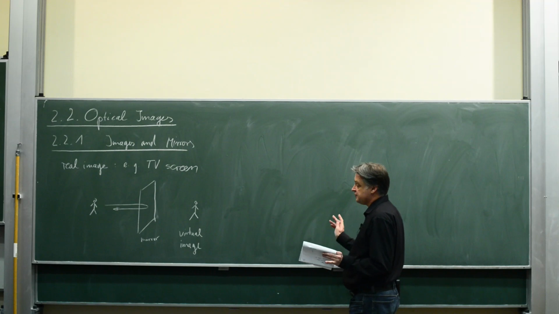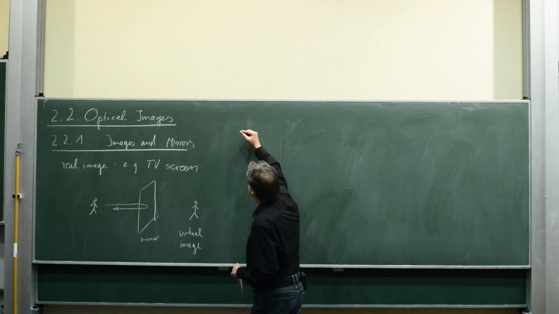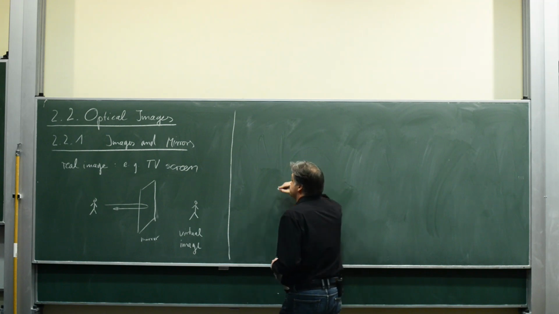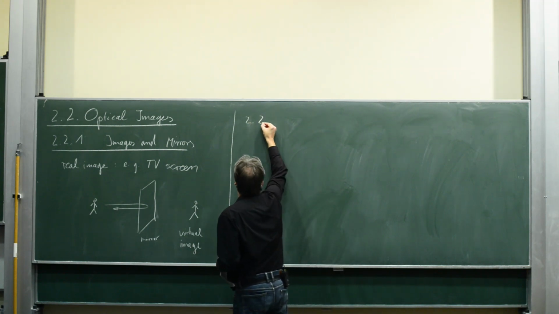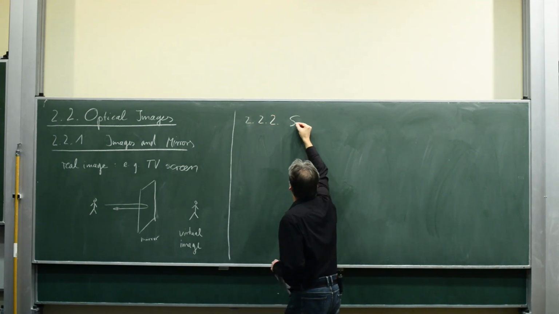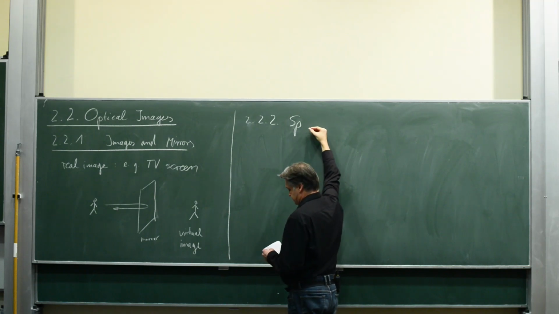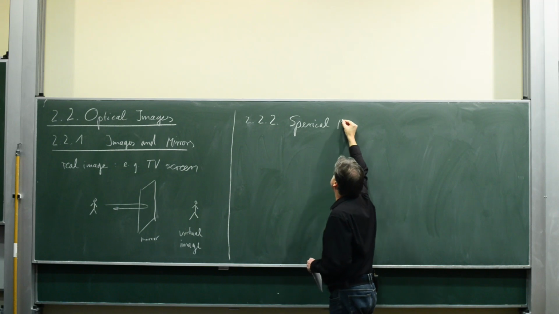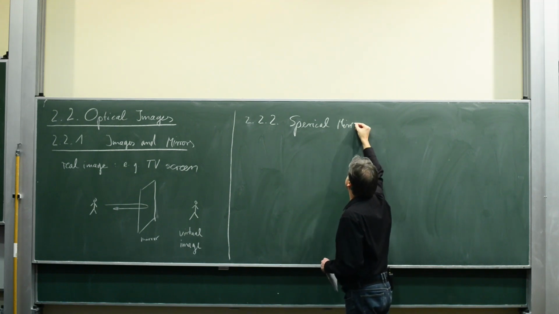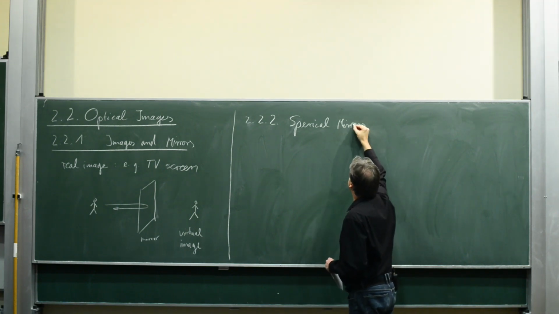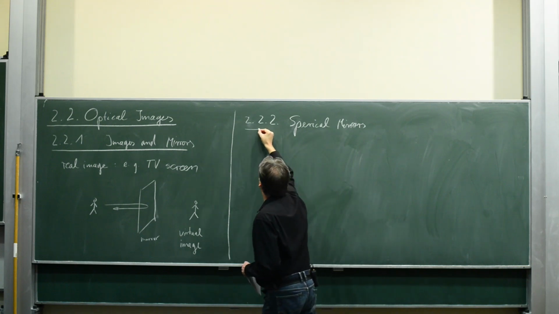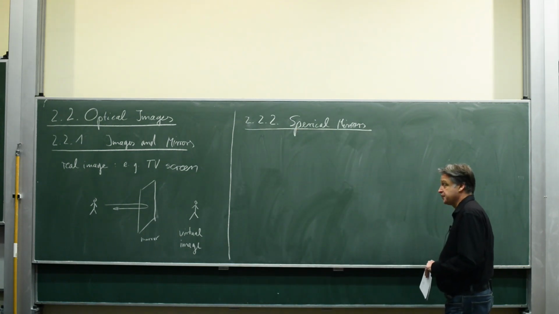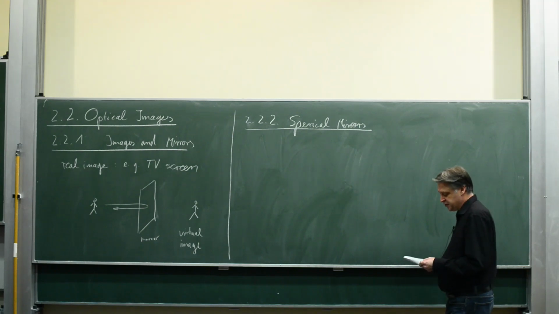What happens if we bend the mirror? Spherical mirrors. So there are two options, a convex and a concave mirror.